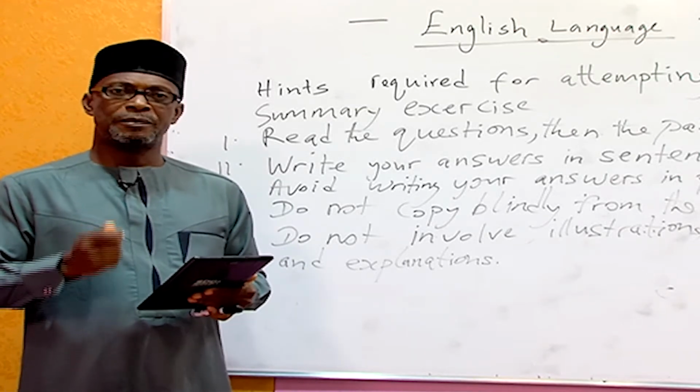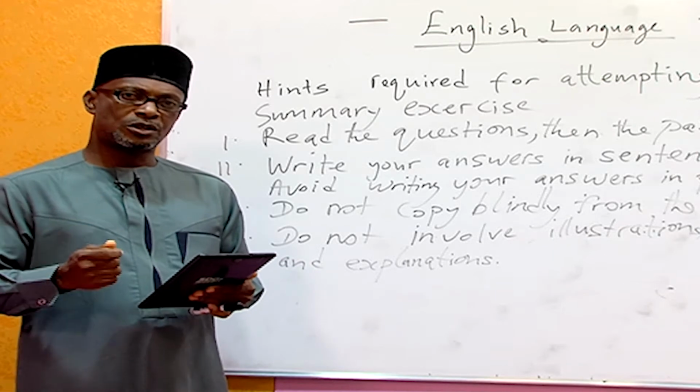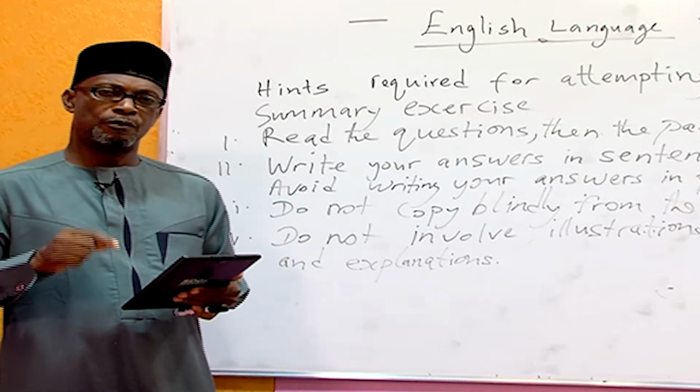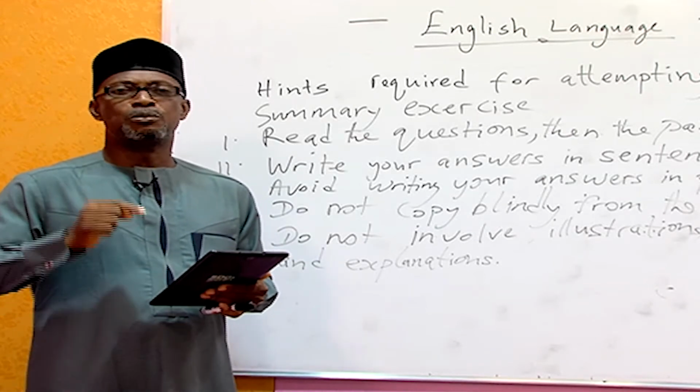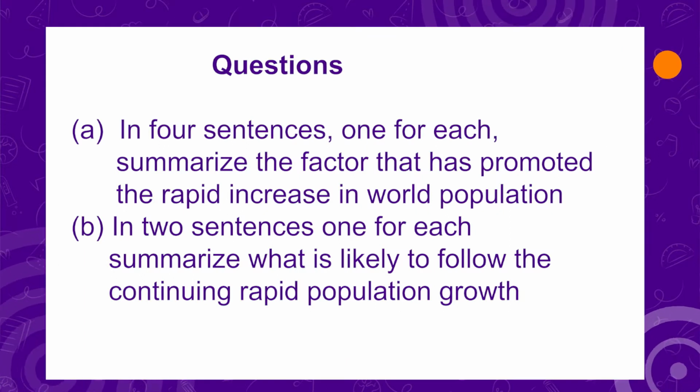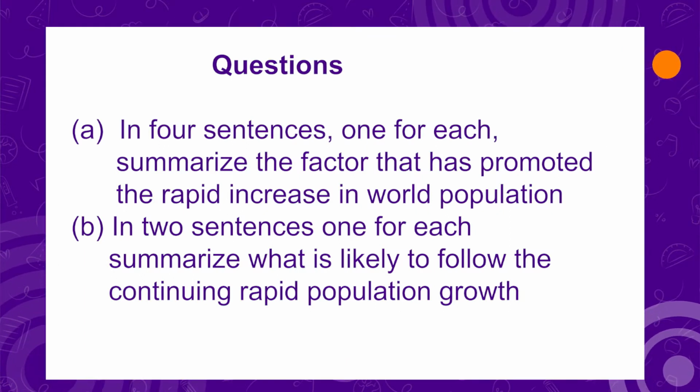That is summary passage for you. Your questions expect you to recall your answer from the passage, and you should put it entirely in your own words. Level A, in 4 sentences, one for each, summarize the factors that have promoted the rapid increase in world population.